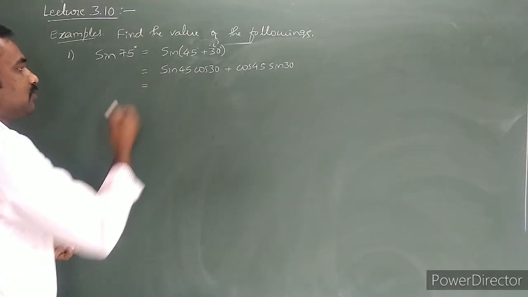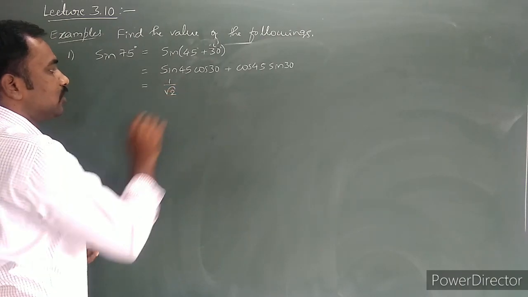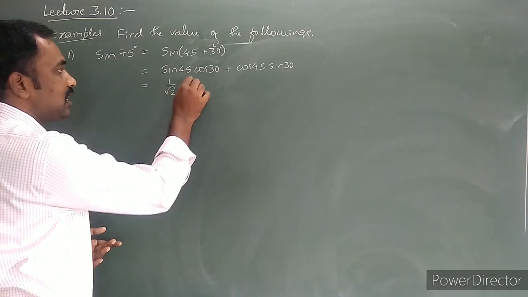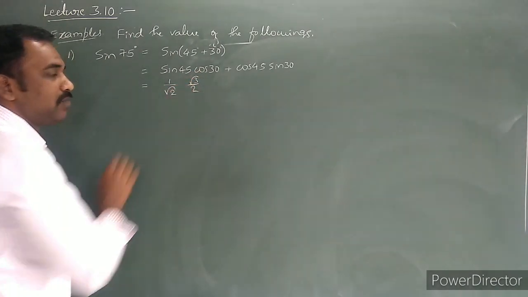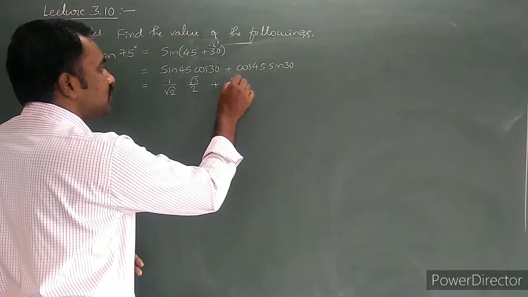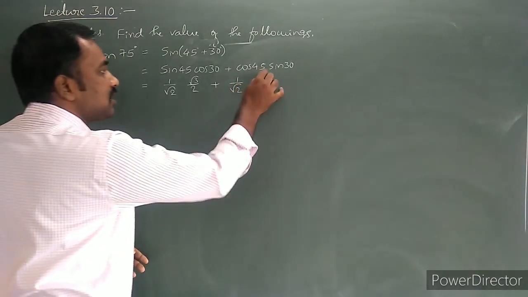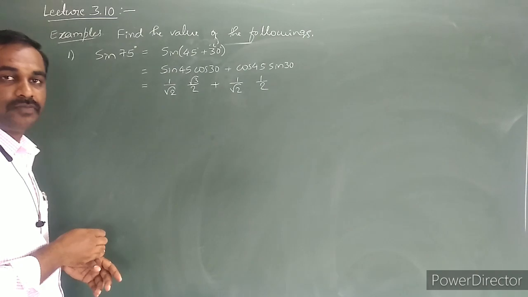Replace and simplify. What is the sine of 45? 1 divided by root 2. Cos of 30 is root 3 divided by 2. Plus cos of 45, which is 1 divided by root 2, times sine of 30, which is 1 divided by 2.